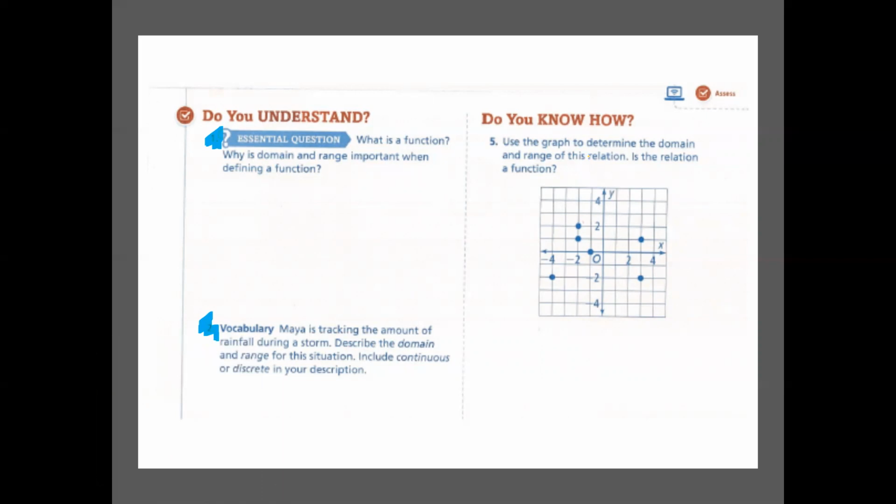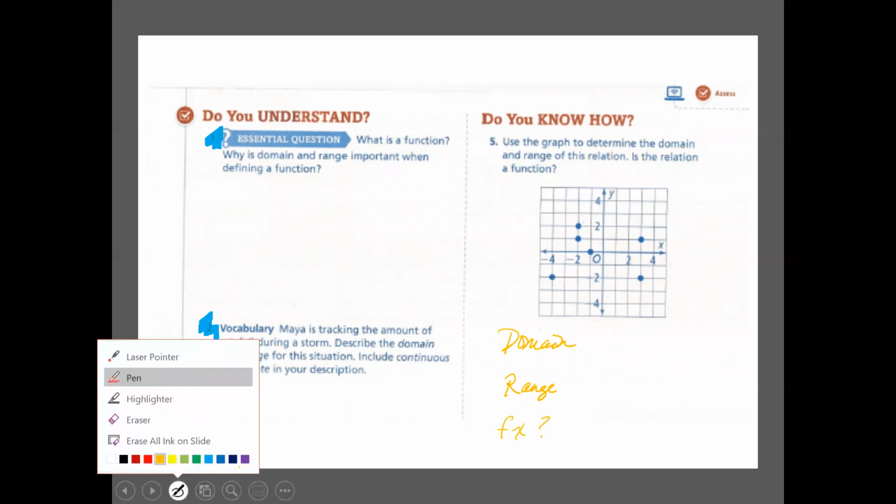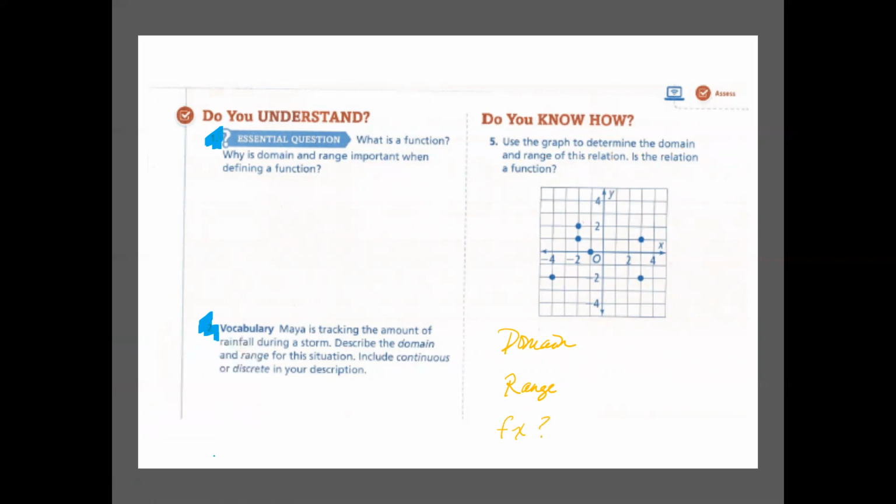Number 5, use the graph to determine the domain and range of this relation. So let's write down domain, range, and is it a function? I'm just going to put a question mark there. Now, I'm looking at the points, and I'm just going to list them. The first point is (-4, -2).